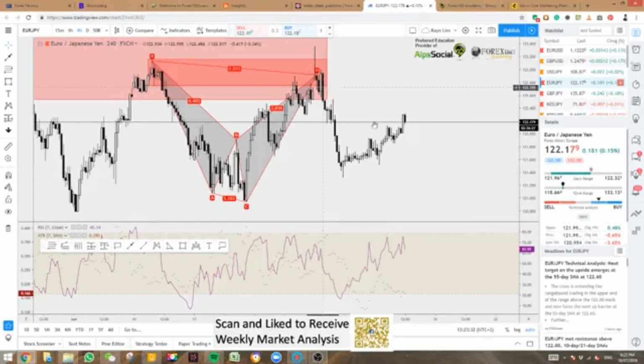Head down to the 4-hour chart. On the 4-hour chart, we already have a bearish shark pattern, and this pattern is identified either just to my subscriber privately, all right, or it was discovered during a session like this, a midweek market analysis.